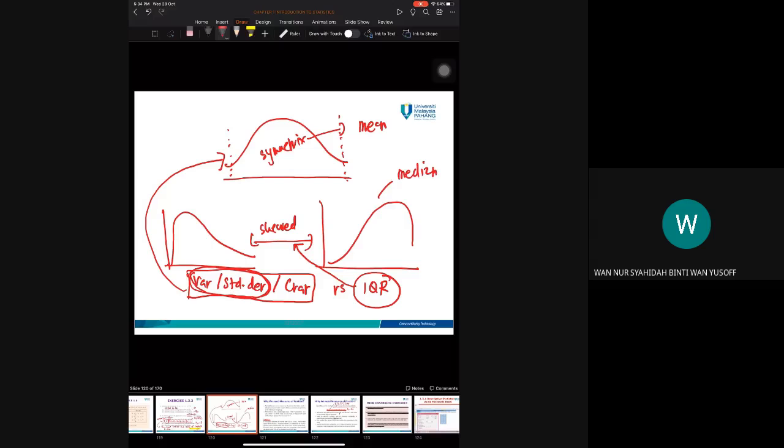Because variance, standard deviation, and CVR involve the mean in the formula. Because we consider the mean in the formula of variance, standard deviation, and CVR, that's why they are best to use for symmetric data. They will be affected more when we have an outlier because of the mean.